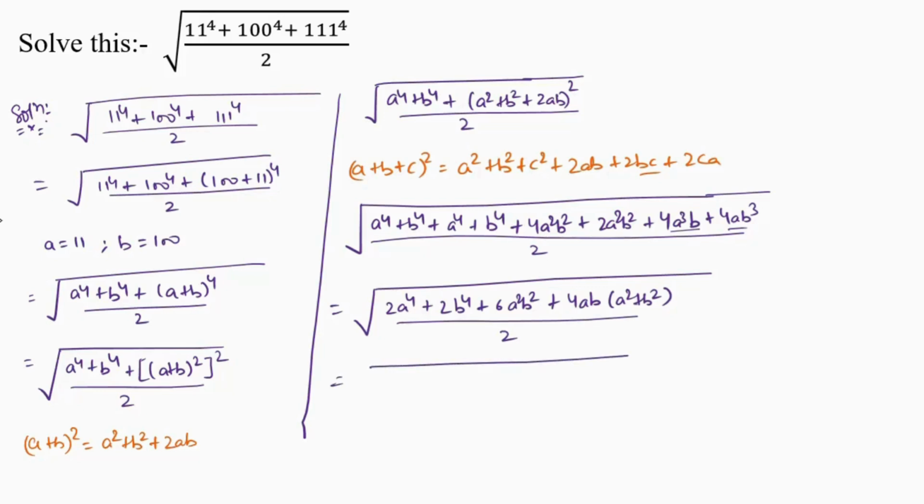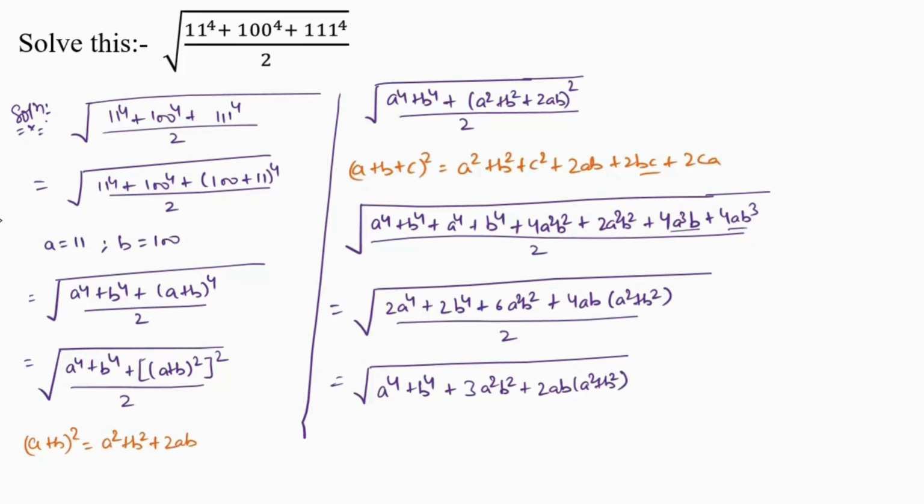So we get the square root of a raised to power 4 plus b raised to power 4 plus 3a square b square plus 2ab (a square plus b square).